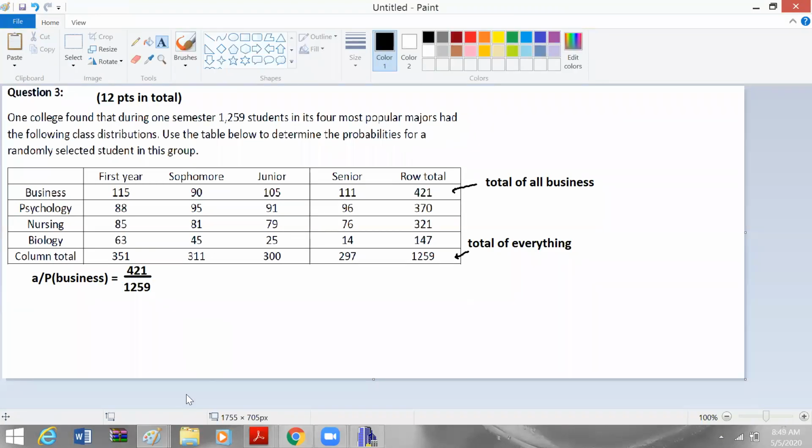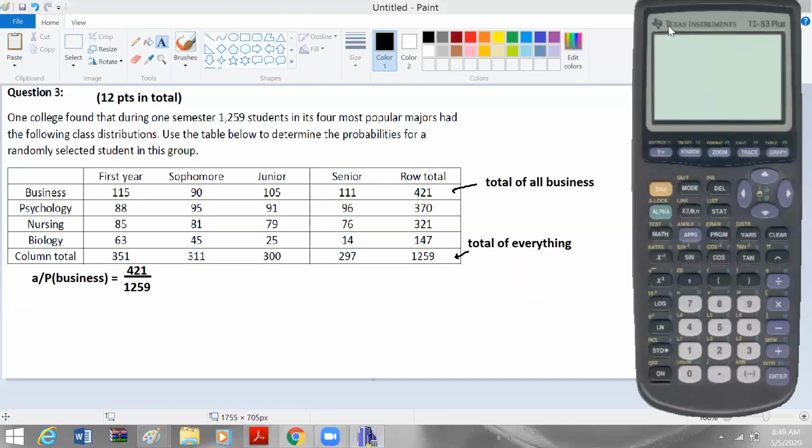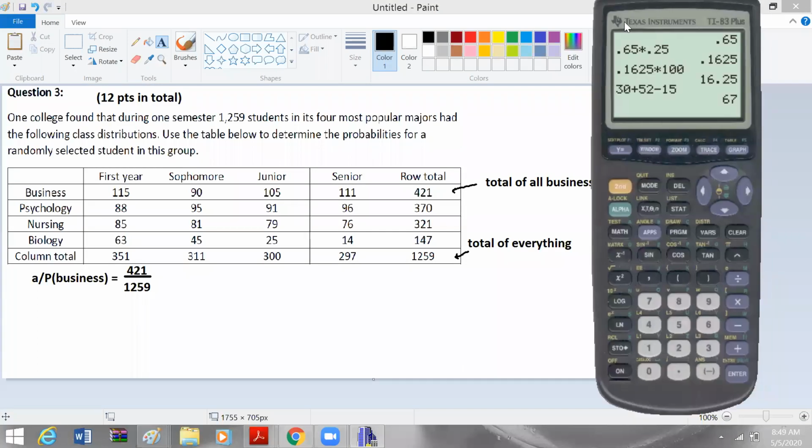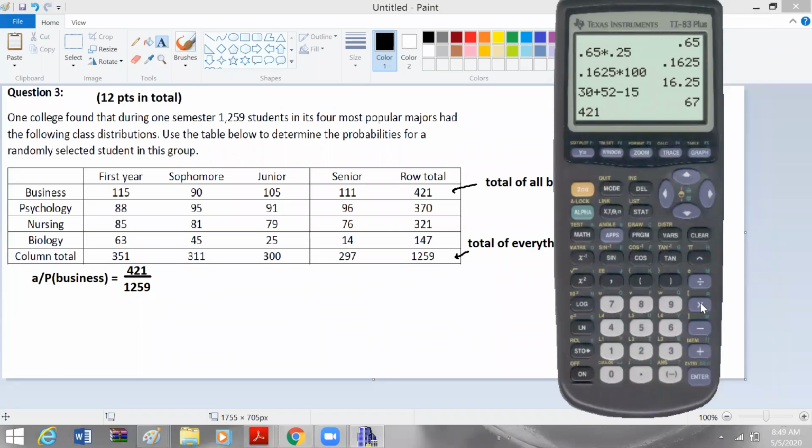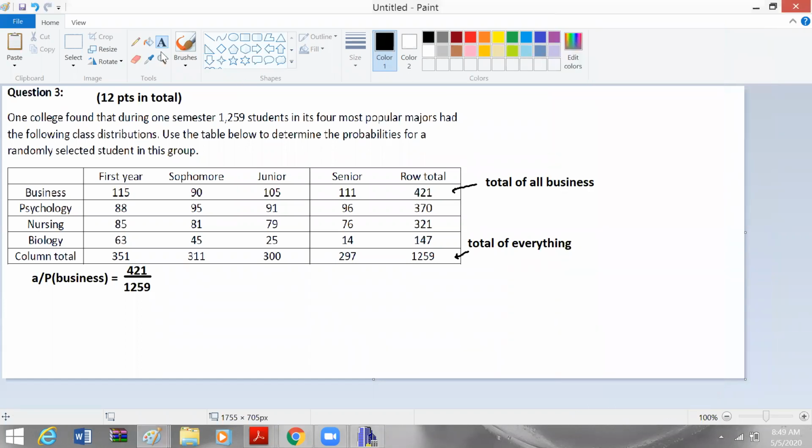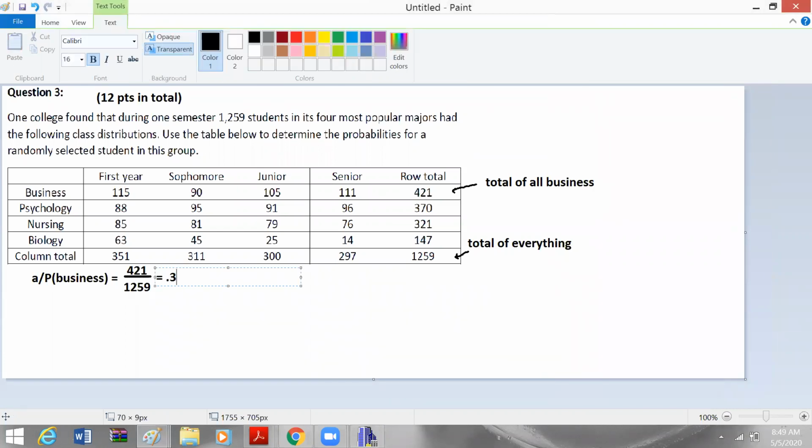But for some reason on a final exam, I just want to make sure that we have the point. You need to divide it. So 421 over 1259, we're gonna get the answer, which is 0.334. Keep 3 decimal places. So you do it on the calculator, and you find that the answer is equal to 0.334.